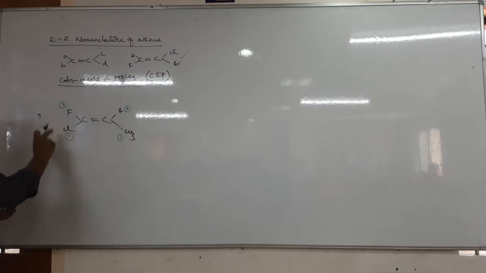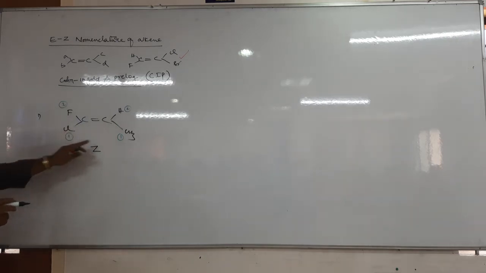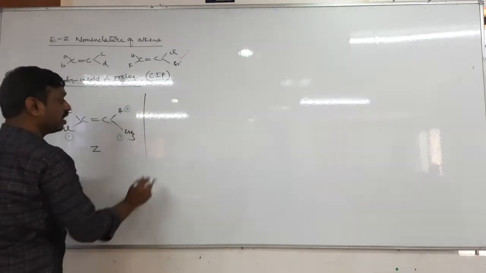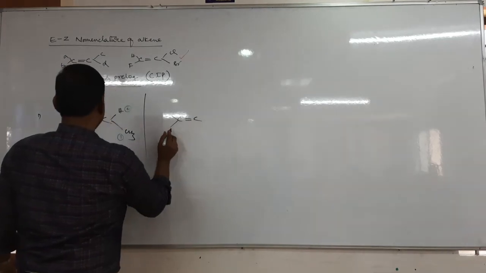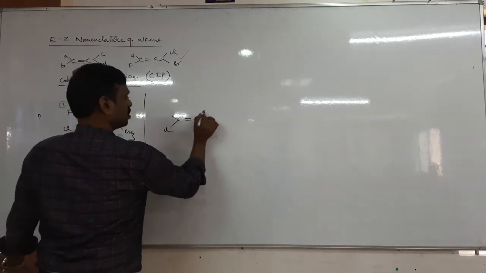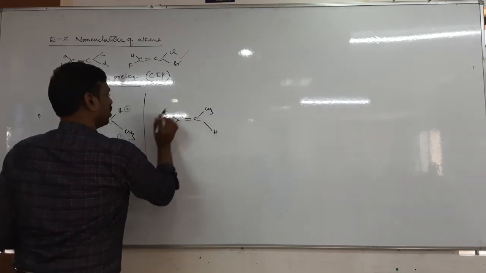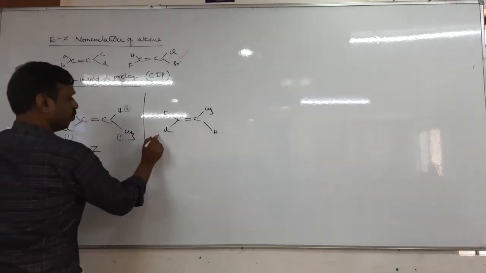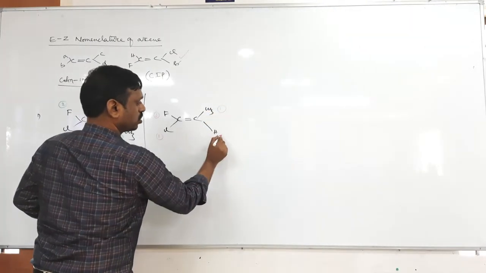Next, after giving priority, if the identical priority groups are on the same side, it is called Z. 1, 1 on the same side is Z. If the same priority groups are on opposite sides, let us take chlorine here, methyl here, hydrogen here, and fluorine here. This is 1, this is 2.